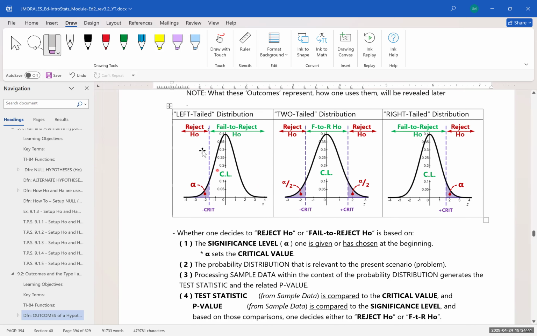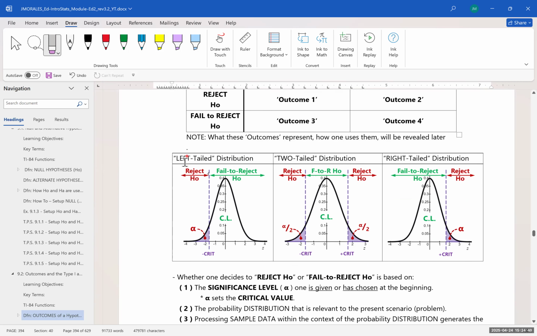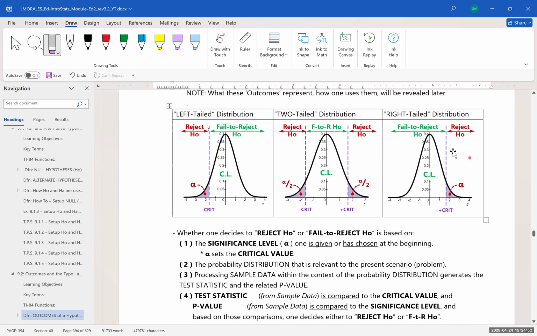All right, so I've also pointed out that the alternate hypothesis also is responsible for telling you whether you're dealing with a left-tailed, two-tailed, or right-tailed distribution. And the critical value not only splits the confidence level from the significance level, but it also separates the fail to reject the null region and the reject the null region. Okay, that's all bordered by this critical value.